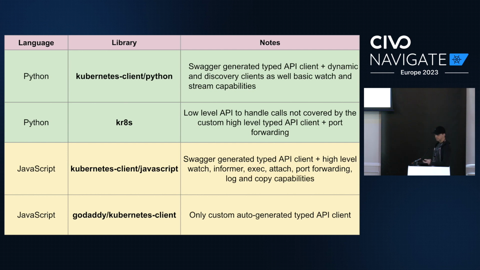And then the official JavaScript library has a bunch of helper classes that will help you build a kubectl-like tool. For example, they have a helper for port forwarding, doing copies, doing exec, etc. And the official Python library also has the discovery client and the dynamic client if you need them. And again, most likely you won't need them.